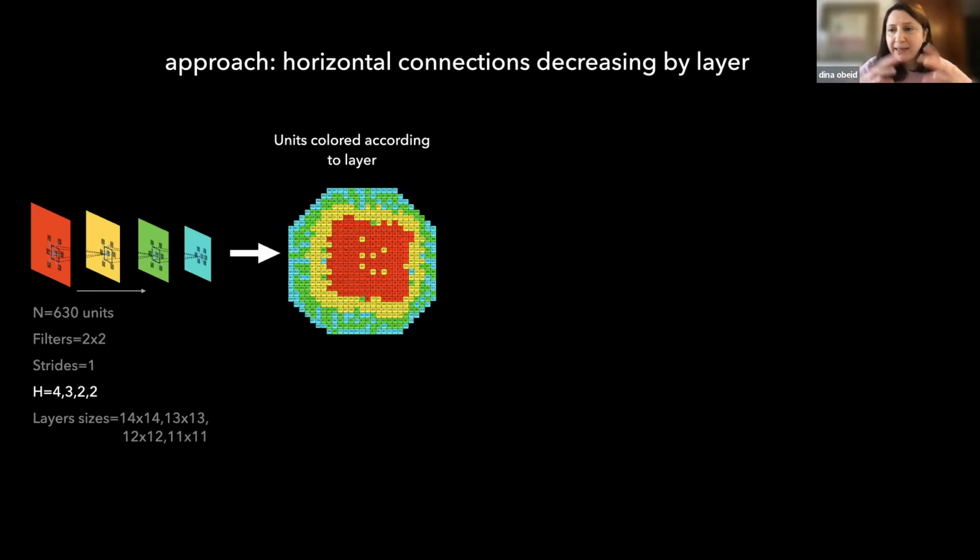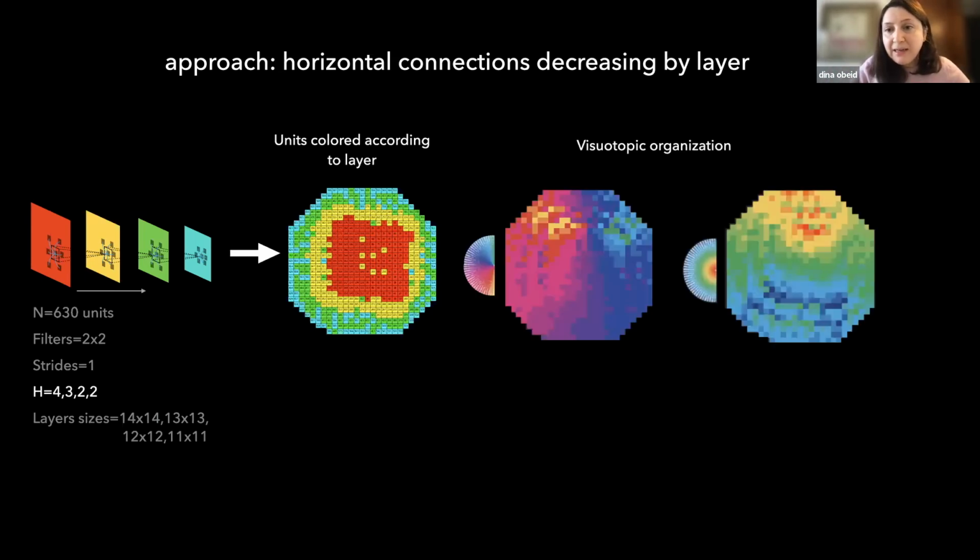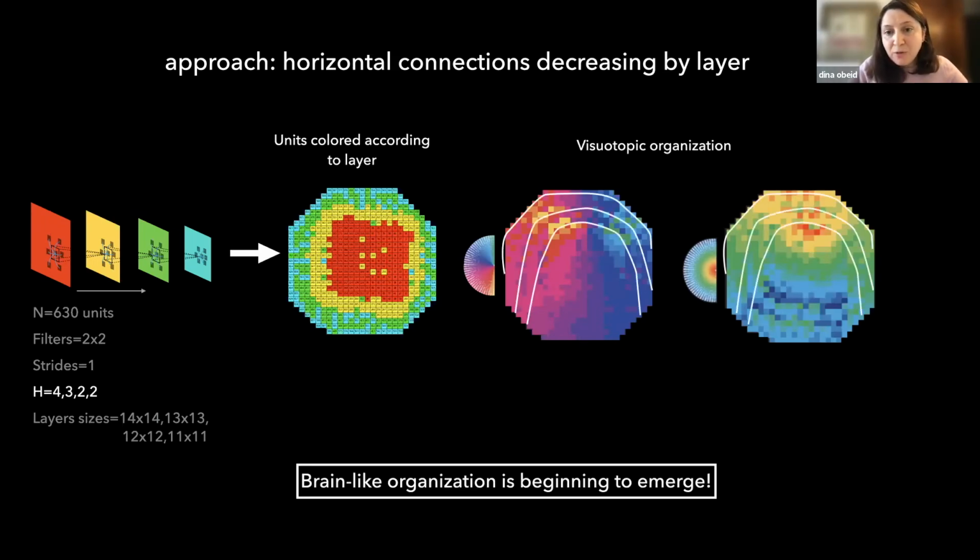Again, because I did these gradients of horizontal connections. And when I look at the visuotopic organization, now I can start seeing the signature of multiple maps emerging. I can think of this going from yellow, for example, to green one time as the first visual area. This will be equivalent to V1, for example. Then I have another one around it that can be my V2, and another one. So I start to have a signature of biological retinotopy emerging.